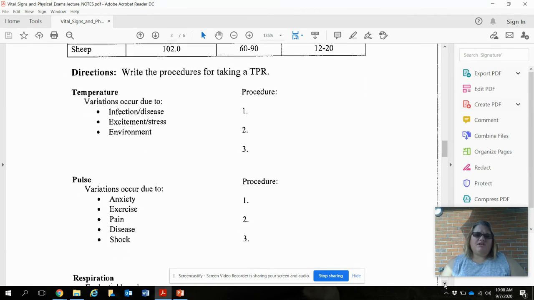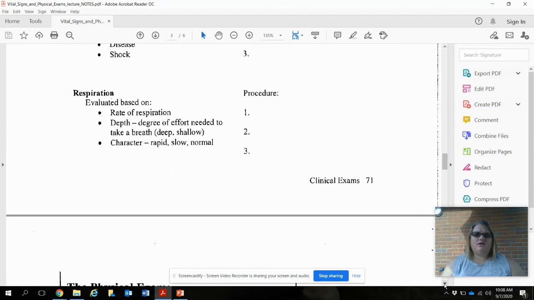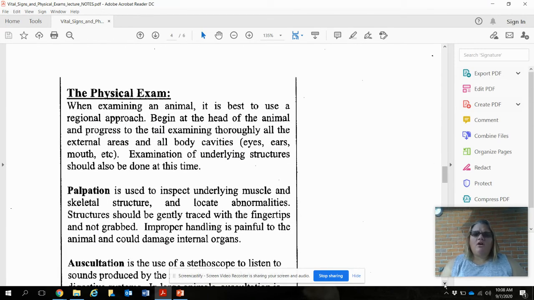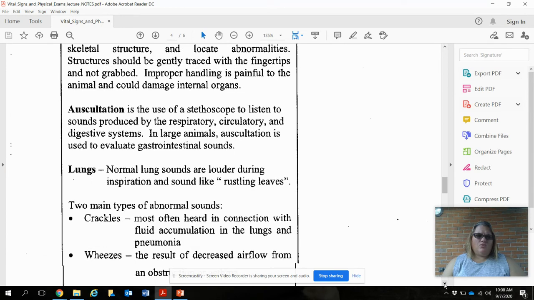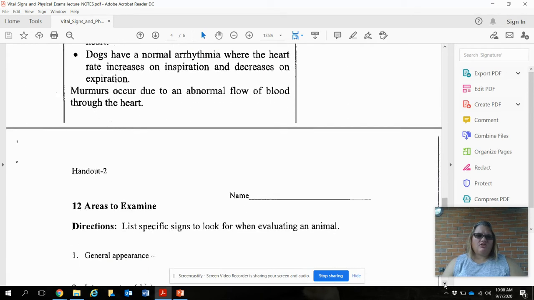We have some notes here that you can take when we discuss taking a temperature, taking pulse, and respirations. And then here are the words in writing that you will hear me say as we work our way through the PowerPoint, and more about palpation, auscultation, the lungs, the heart.